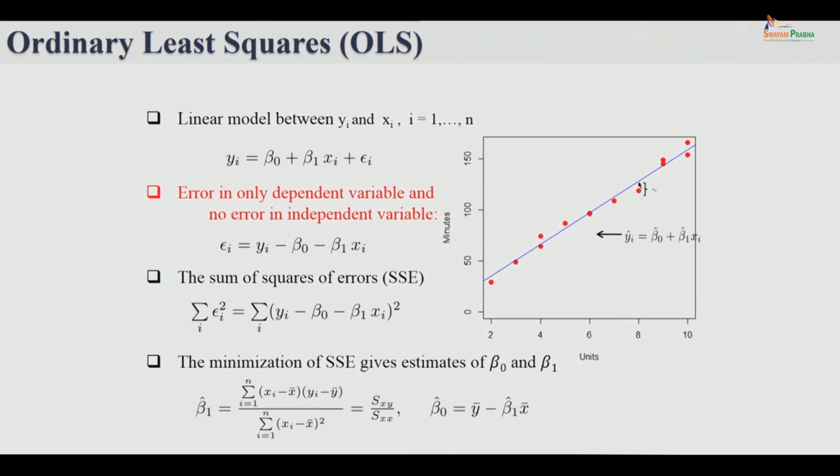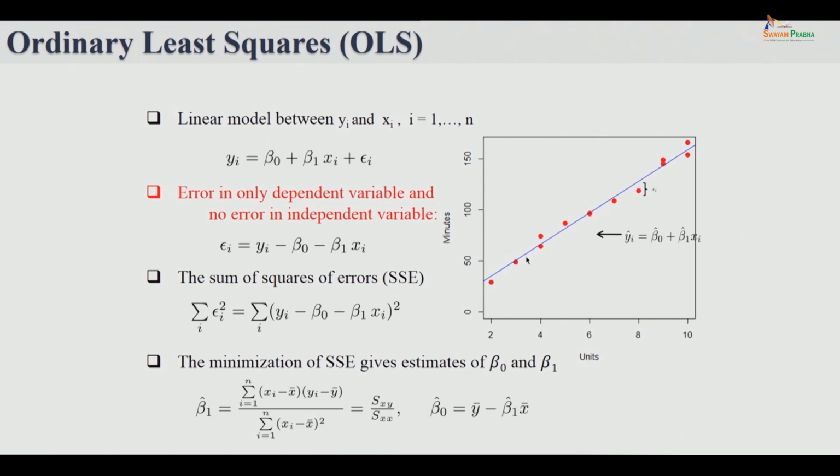This deviation between the observed value and the predicted value, which is on this line, the vertical distance, is what we call the estimated error. You do not know what the actual error is, but if you propose values for beta naught and beta 1, immediately I am able to derive an estimate for this error, which is the vertical distance of the point from that line.